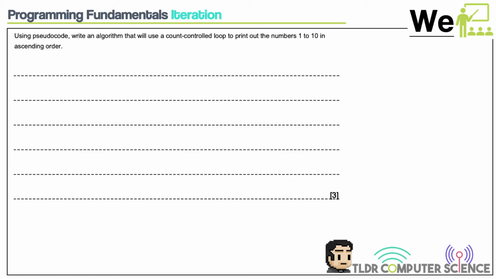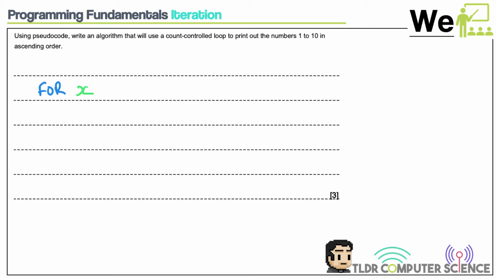So I'm going to talk through how to answer this question in Python. For this one, you could use a while loop to do it, but I think this is more straightforward to do in a for loop. So you could say for x, so for, and then we'll have a variable called x.